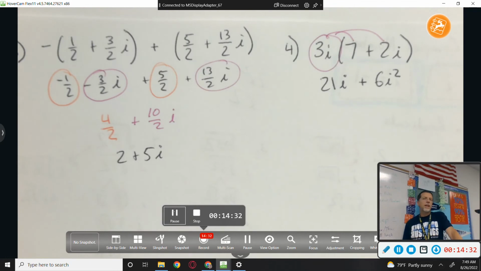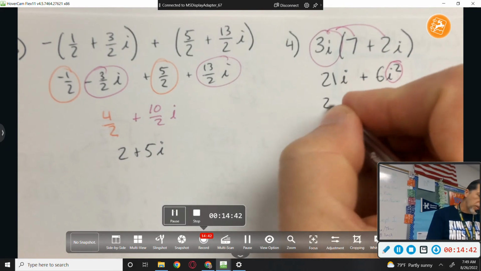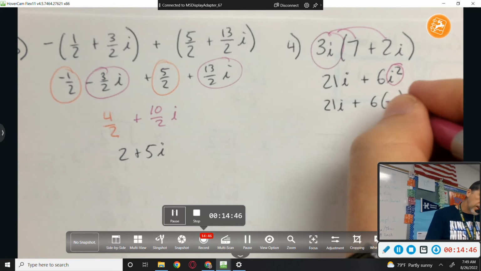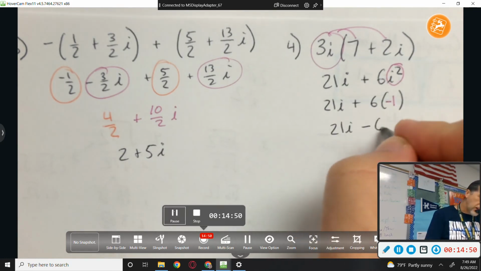That answer's not wrong, but it's not finished, because i squared is -1. I'm going to show all the steps on this first one here. i squared is -1. So this becomes 21i minus 6.